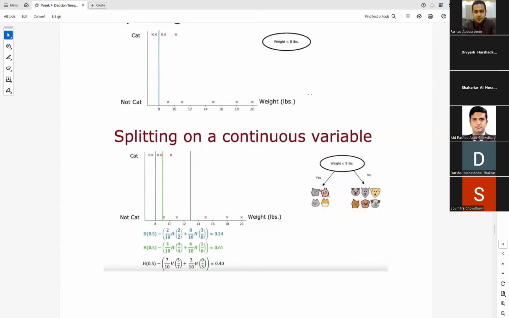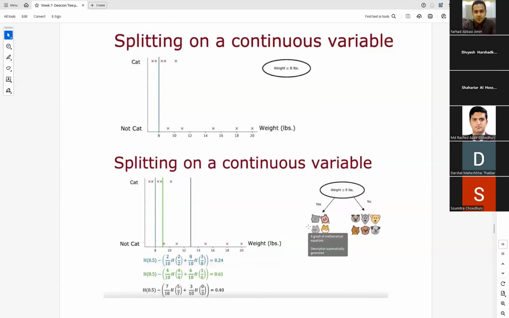The threshold, instead of 8 or 9, let's say it's 13 here. Then you have some data on the left-hand side of this 13 for the left branch, and some on the right branch. But which of them is correct?